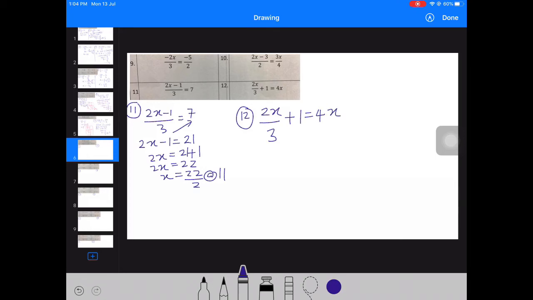Okay, if you want to get rid of the fraction first, you want to get rid of the 3 denominator here, you have to multiply 3 with all terms. So we multiply 3 here, we multiply 3 with 1, and also multiply 3 with 4x. So it becomes like this.